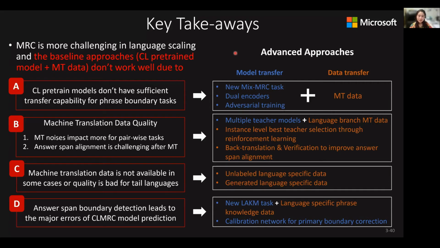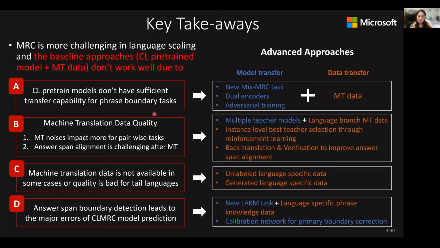Here are the key takeaways. The MRC task is more challenging in language scaling, as the baseline approaches that use the cross-lingual pre-trained model plus machine translation data for zero-shot or translation training don't work sufficiently well due to 4 major challenges.